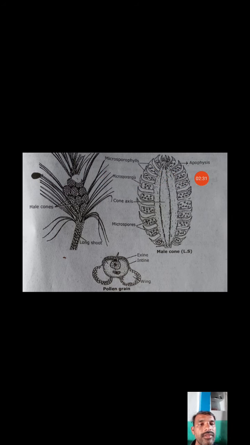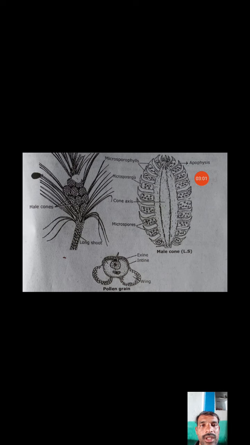The male cones are very shortly stalked and consist of an elongated central axis bearing a number of small, spherical, closely fitted, scale-like microsporophylls. In the diagram, the male cone has a central axis bearing microsporophyll leaves arranged in a spiral manner.